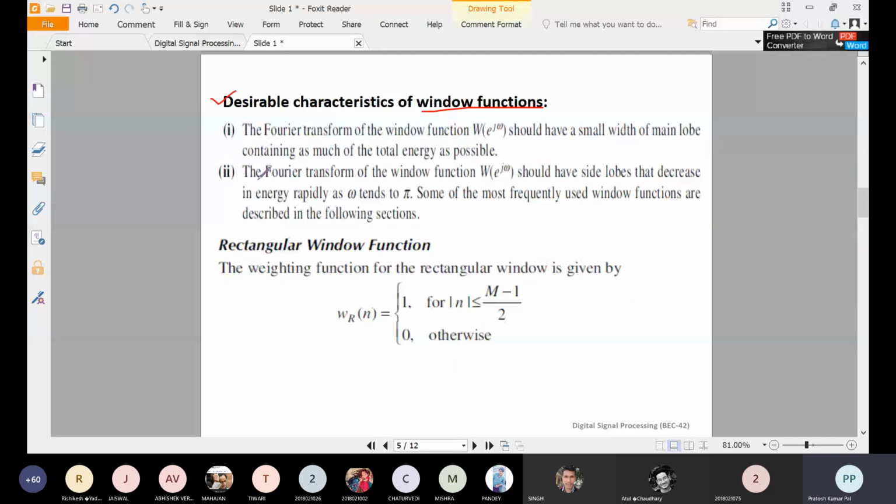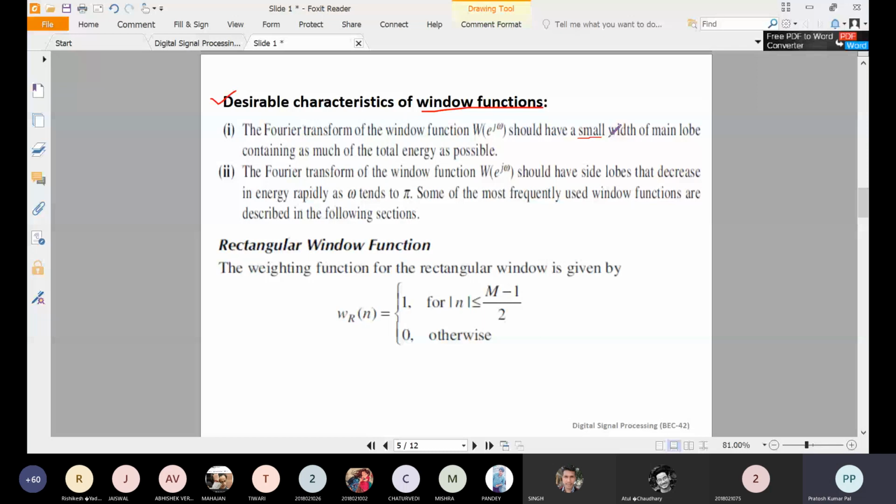So the advantage of this window function is that the Fourier transform of a window function, W e to the power j omega, should have a small width of main lobe containing as much of the total energy as possible. These are some of the characteristics we should be searching for once we are going to design a window function.